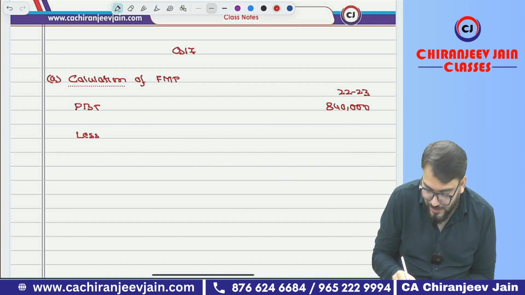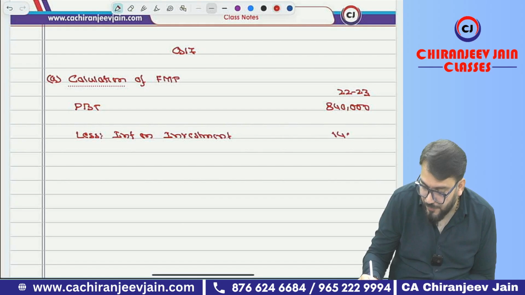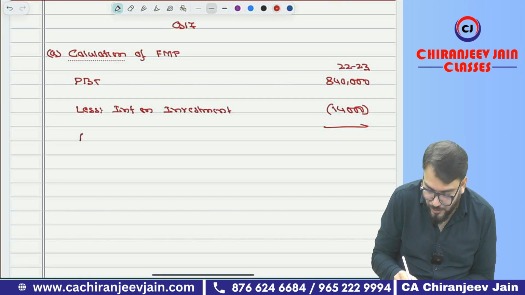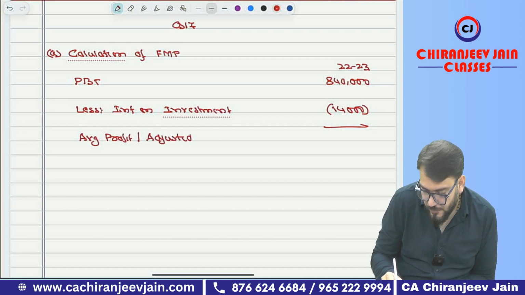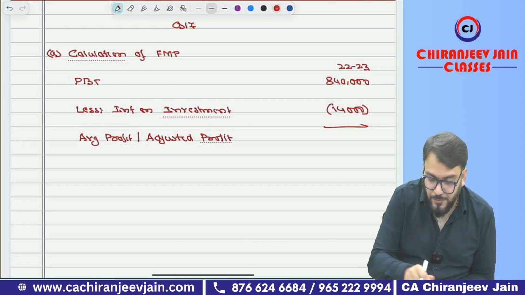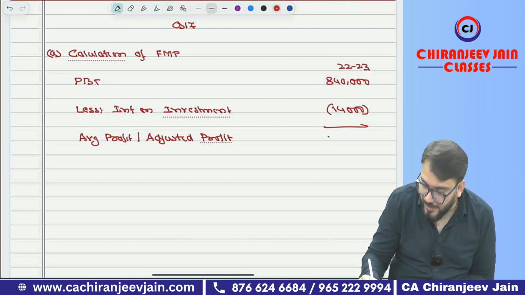From this we will deduct interest on investment, which is given as 14,000. So this becomes the adjusted profit, because it is one year's profit. Adjusted profit: 8,40,000 minus 14,000 is equal to 8,26,000.